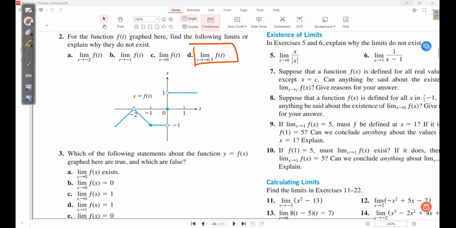So would you say it's continuous or discontinuous? Discontinuous. Why do you say it's discontinuous? Because the y-axis is the 4. Okay, Lena, would you say it's discontinuous or not? I'm not sure.